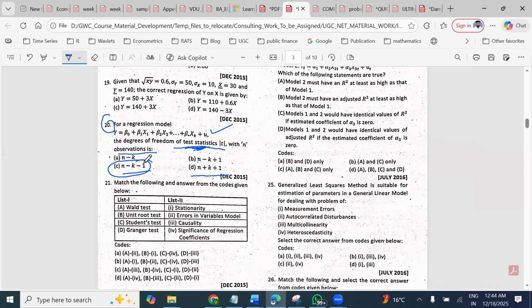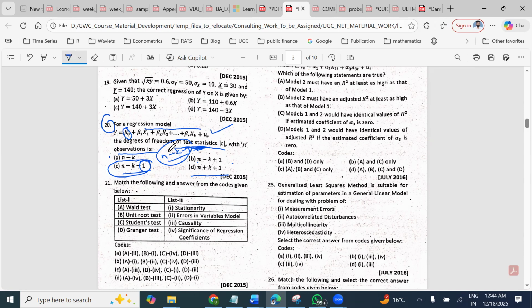So k is basically the number of independent variables, the number of parameters, meaning slopes. Actually there are two ways to look at it. Why is it minus 1? Minus 1 is for the intercept. Then n minus k minus 1 will be correct. So what is the explanation it is saying? Same thing I am telling.